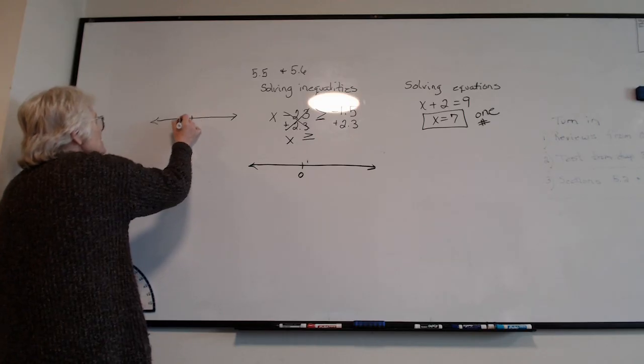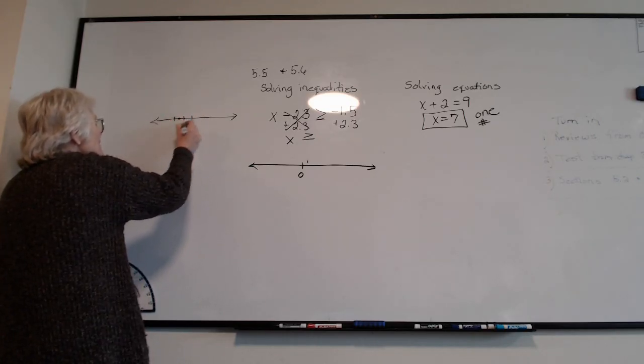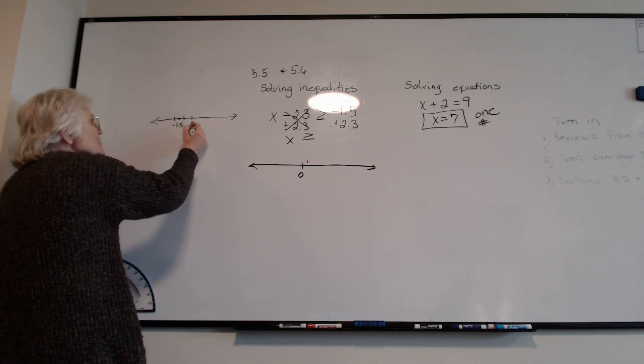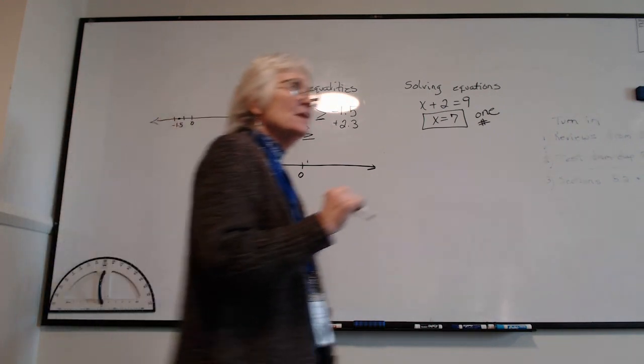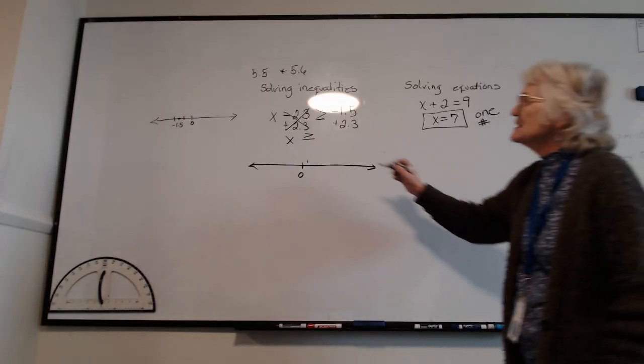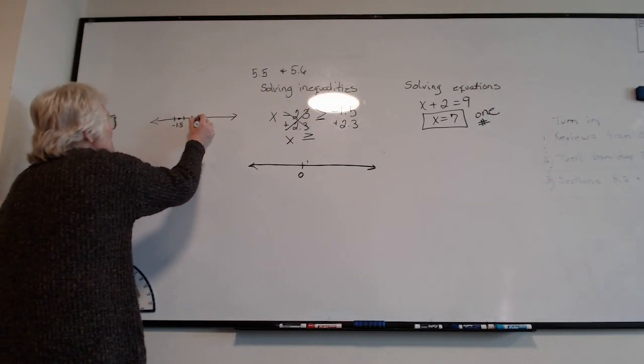We're going to start at negative 1.5, which is right here. We are going to go to the right 2.3. Is that correct? Because it says add 2.3, so I want to go 2.3.